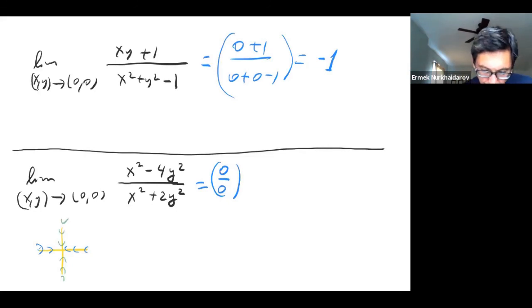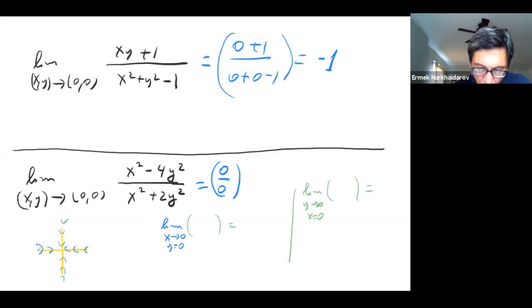Okay. So the blue one is going to be limit as x approaching 0 and y equals to 0. And the green one is going to be limit when y is approaching 0 and x equals to 0. Write down your expression, calculate the limits. Okay.